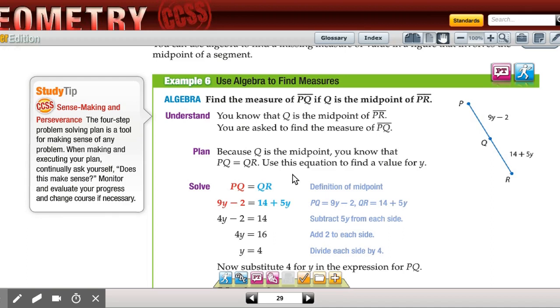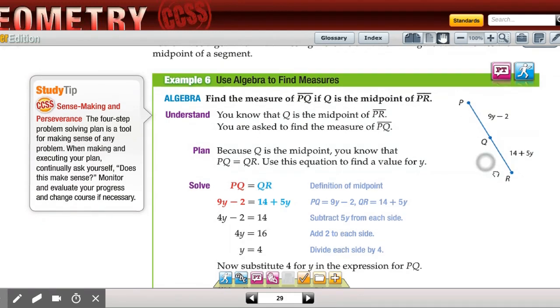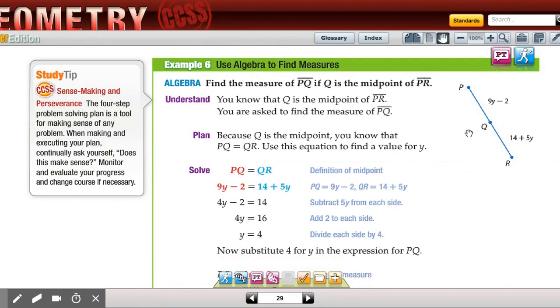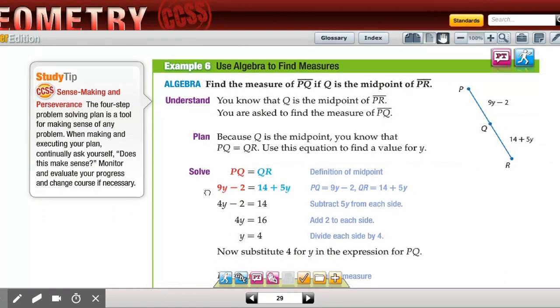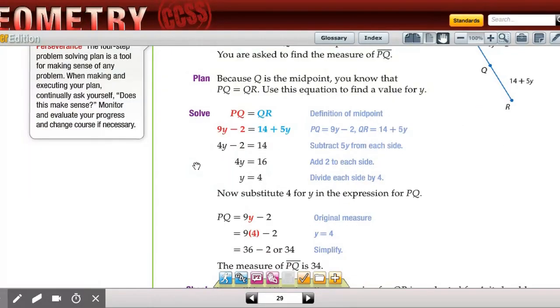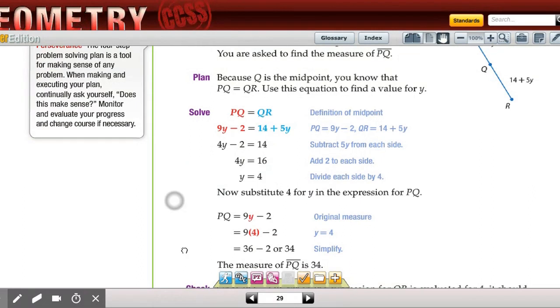So this one is about using algebra to find measures. Basically what they're saying is, if you know that Q is the midpoint here, then each of these parts has to be equal to each other. So you can put 9y minus 2 equal to 14 plus 5y, and solve it to figure out what y is, and then put that in to figure out the size of each one.